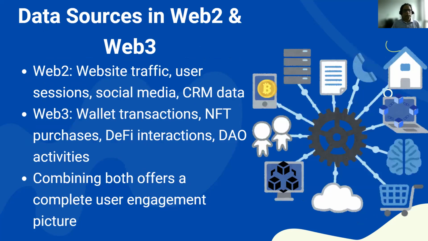So in data sources in Web 2 and Web 3, in Web 2, the primary data source is your social media platform or your user sessions from your browser or mobile applications, either Android or iPhone. Using that, you can collect those data and store it in a database.